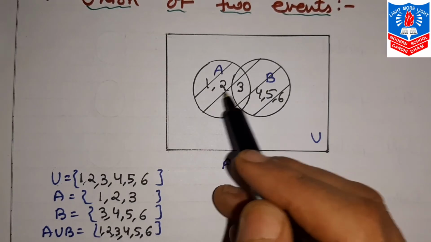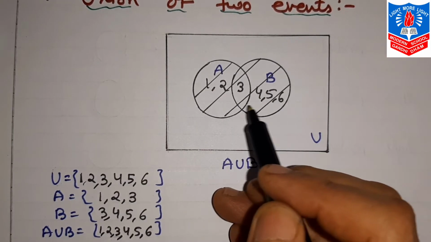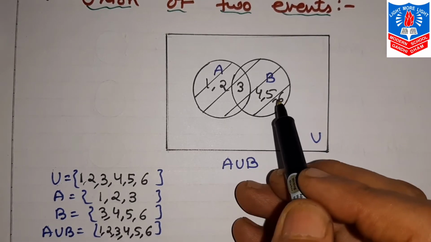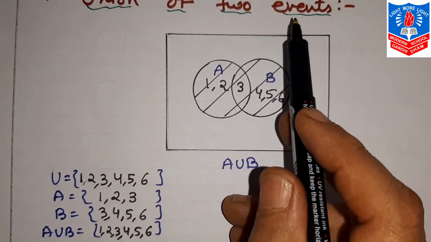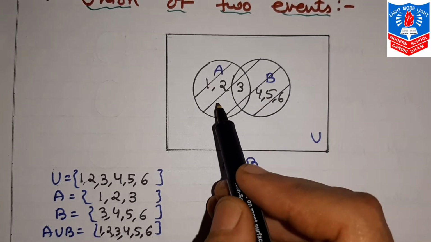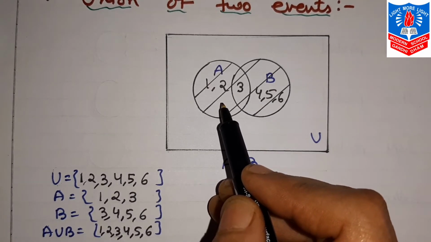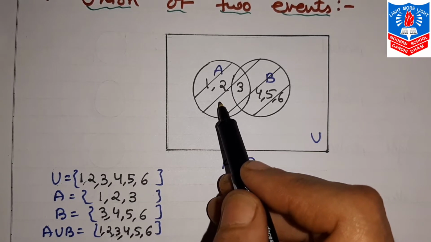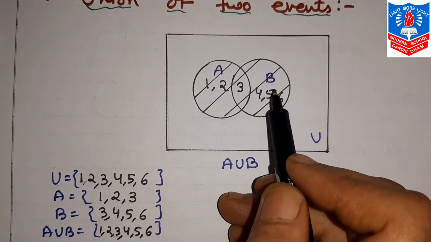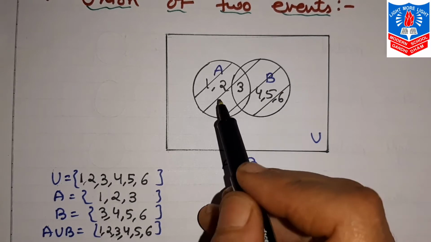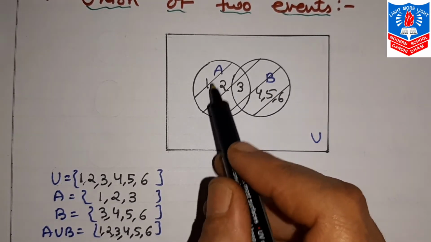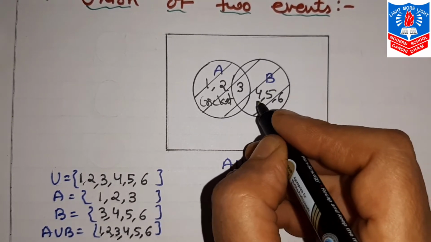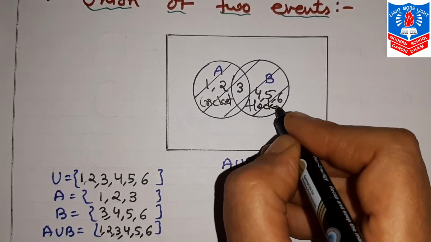Now if both are there, then A union B will be there, but at least A or at least B, in that case it is A union B. How? Like the example we just discussed, event A is that the boy plays cricket, and B is that the same boy plays hockey.